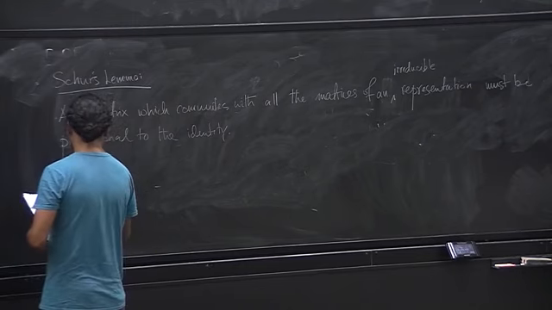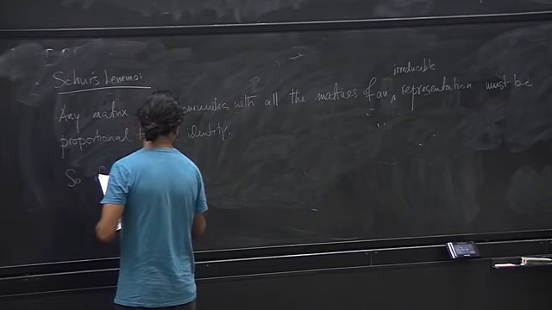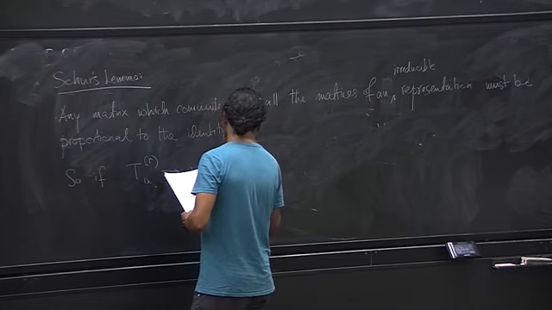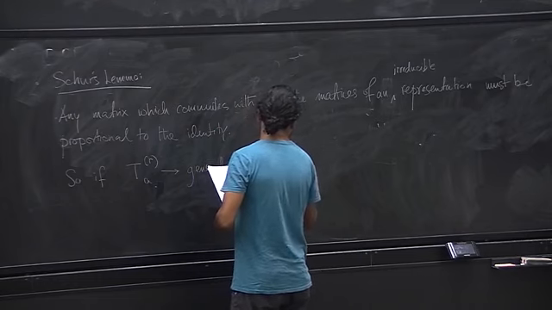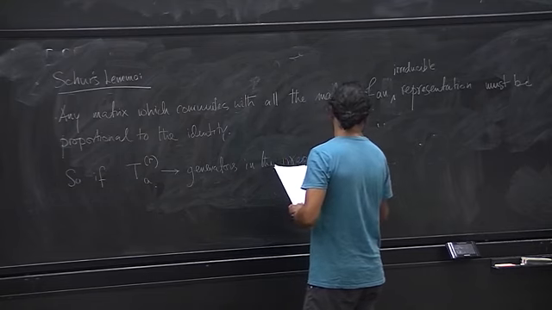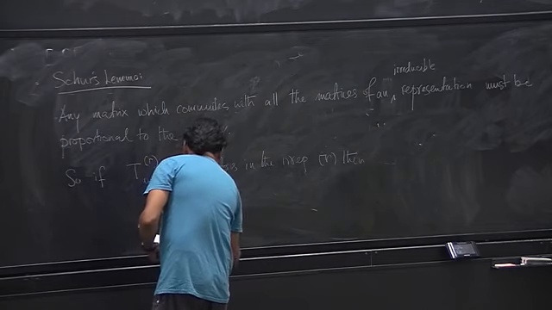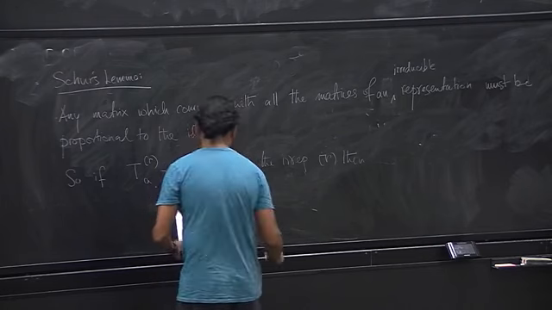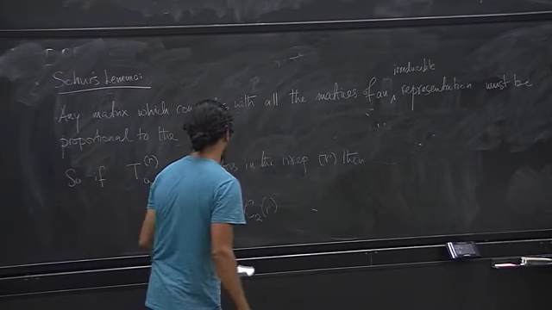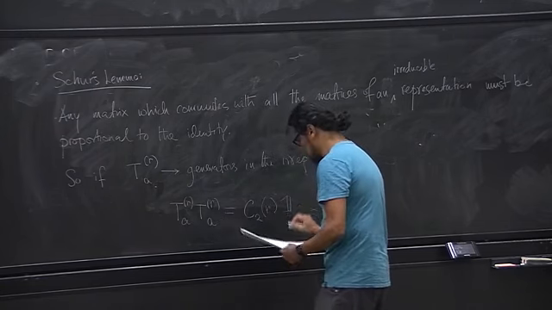So if T^a_R are the, say, generators in the irreducible representation R, then T^a_R T^a_R, this is up to some number which depends on the representation, this is C_R, must be the same as this.